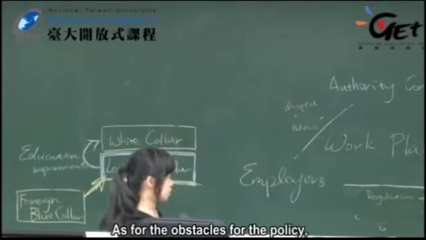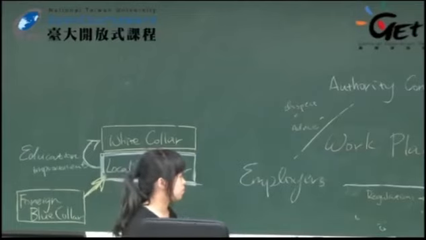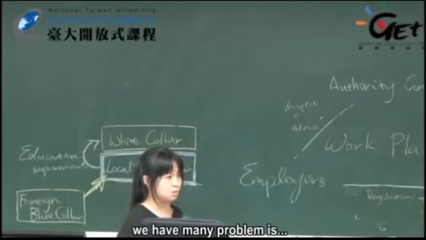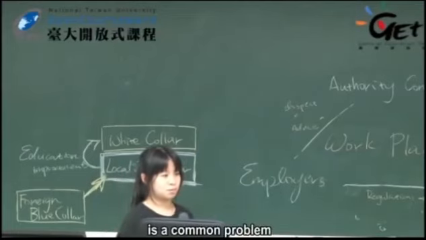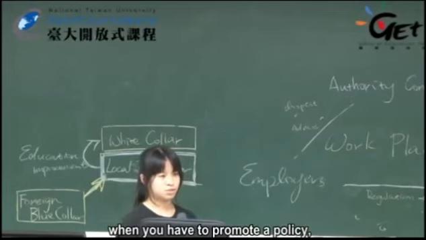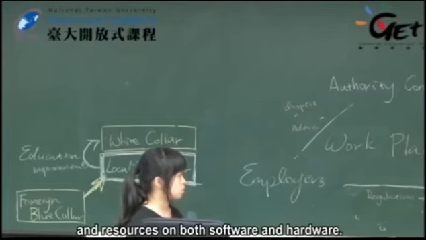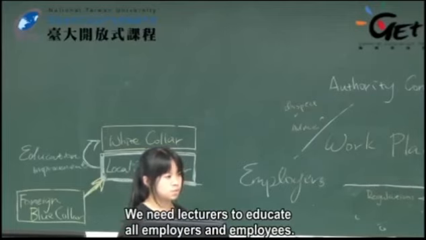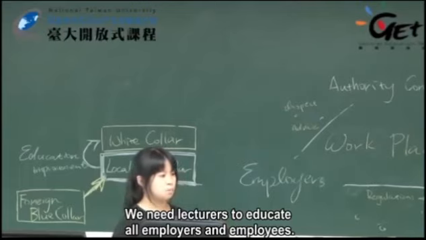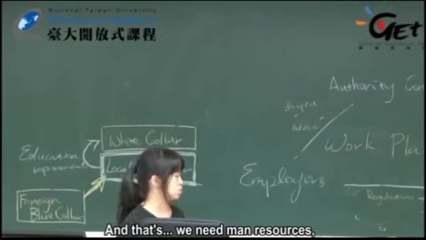Okay, as for the obstacles for the policy, money is a common problem when you have to promote a policy, and resources, both software and hardware. We need lecturers to educate both employers and employees, and that means we need manpower.